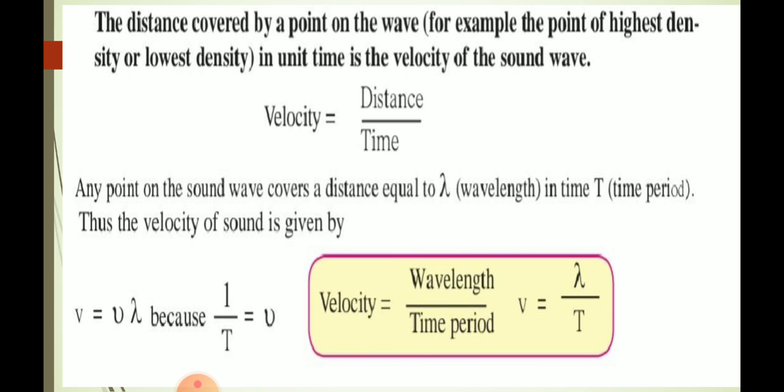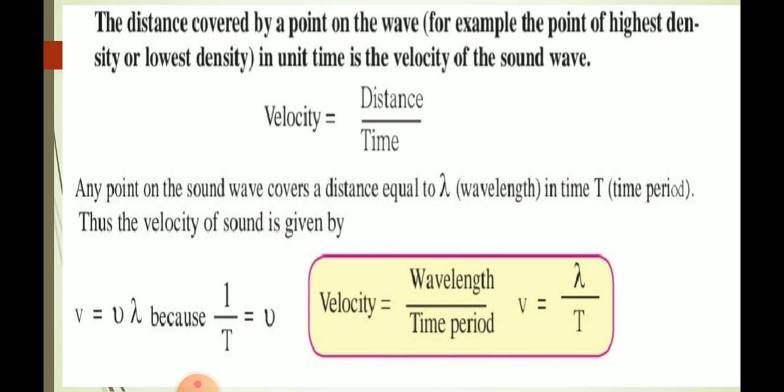So that is given in that particular time. Here the formula of velocity of sound will change. Distance upon time will become wavelength upon time. See, the number of waves found, the number of wavelengths found, is the frequency.